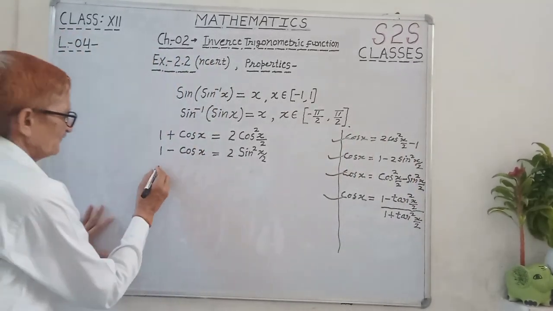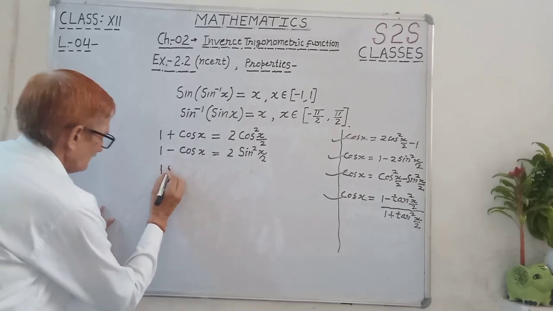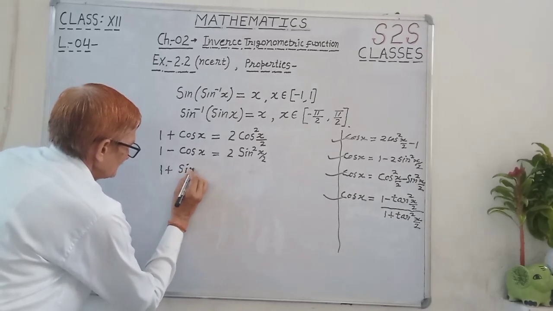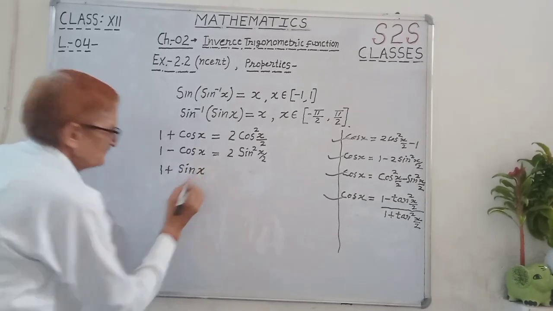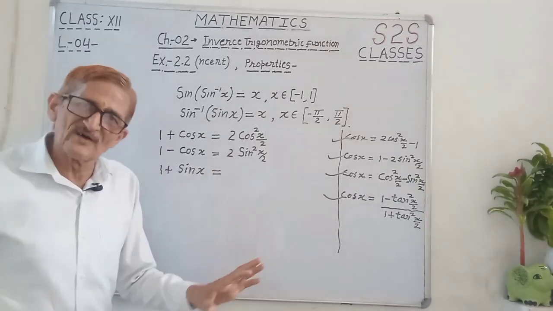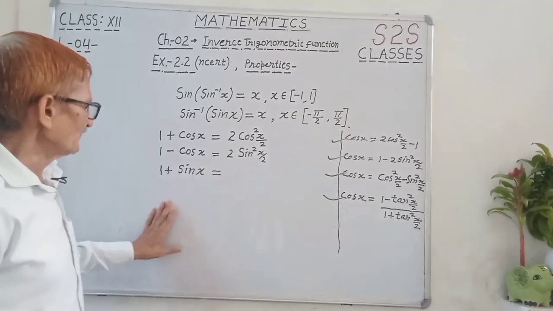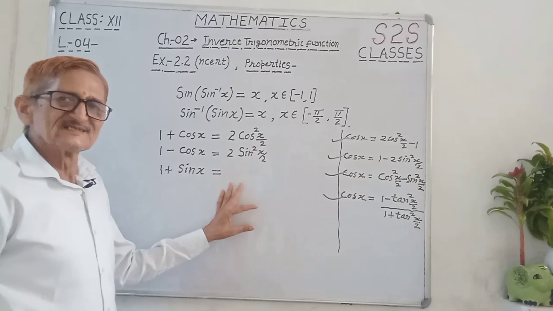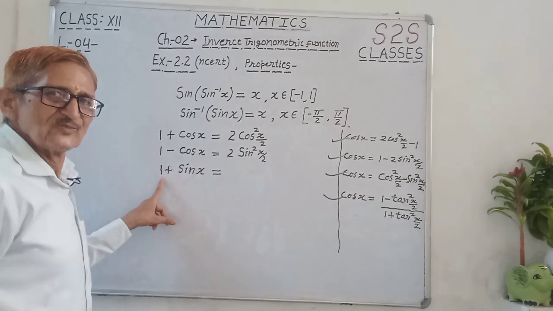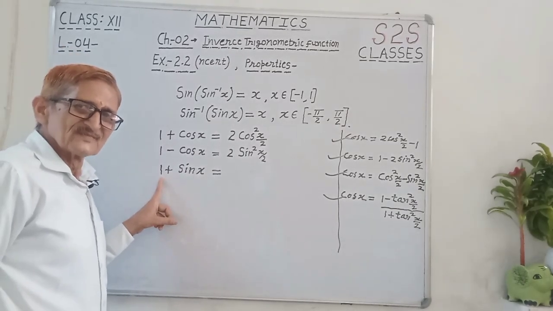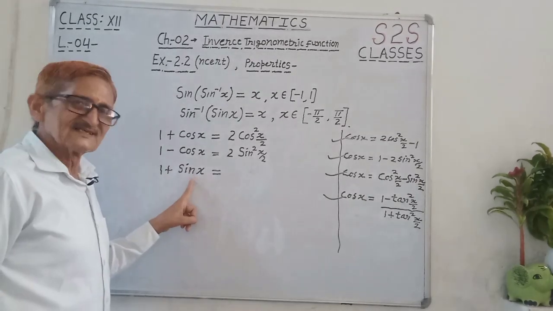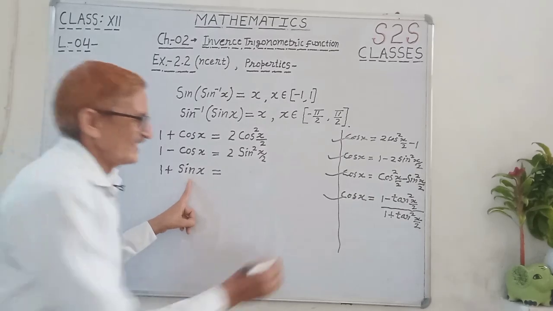Similarly, if you want 1 plus sin x, these are some important identities which will be used here in inverse trigonometric functions. 1 plus sin x: we can write 1 as sin square x by 2 plus cos square x by 2, that is sin square theta plus cos square theta is 1, where theta here is x by 2. And sin x is 2 sin x by 2 cos x by 2.